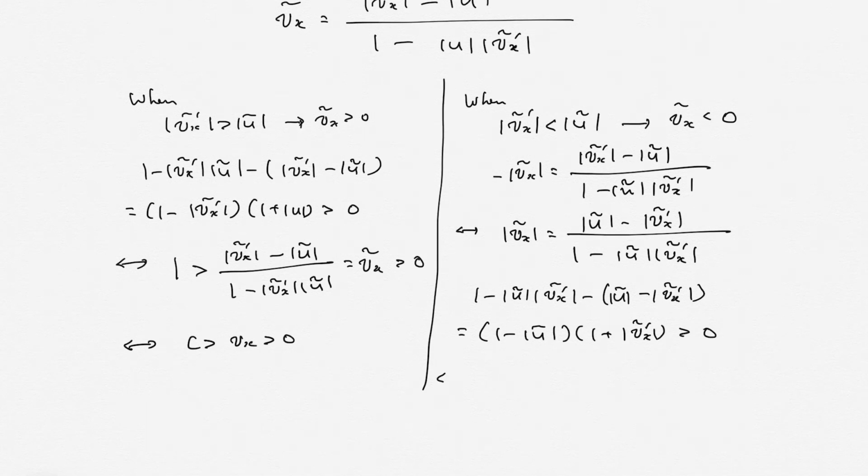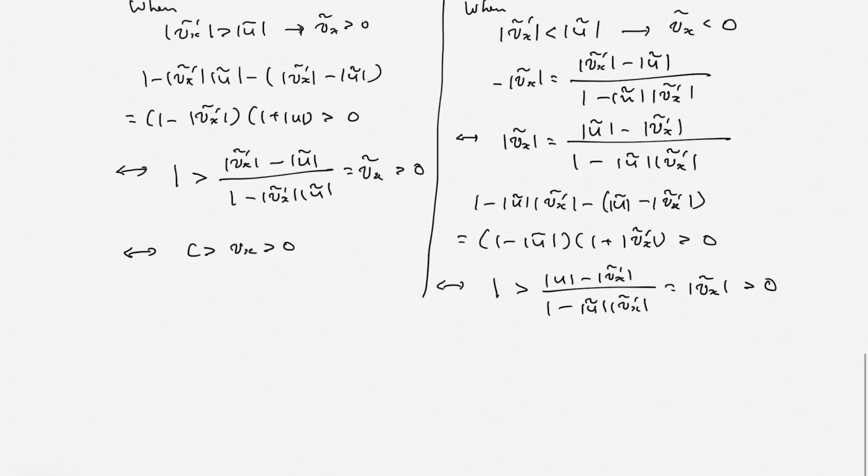So from these equations we can find the absolute value of v sub x tilde, which is larger than 0 and smaller than 1. So from these equations, you can find v sub x is between 0 and minus c.